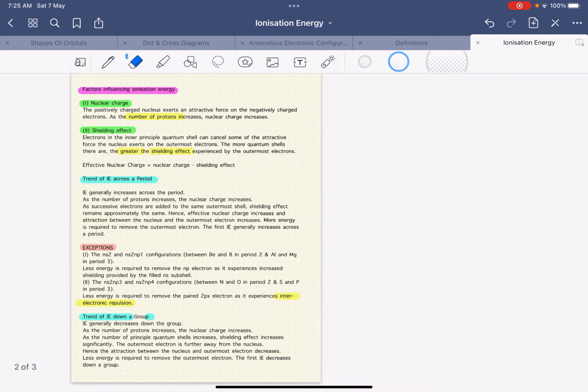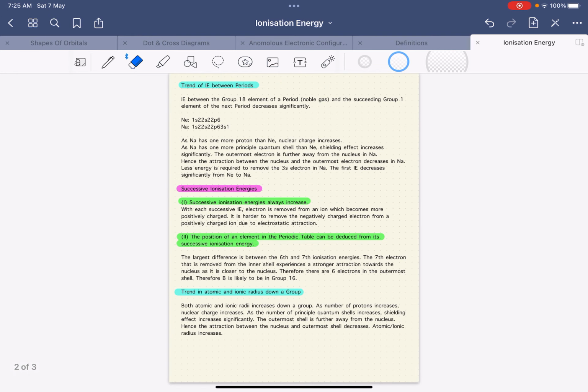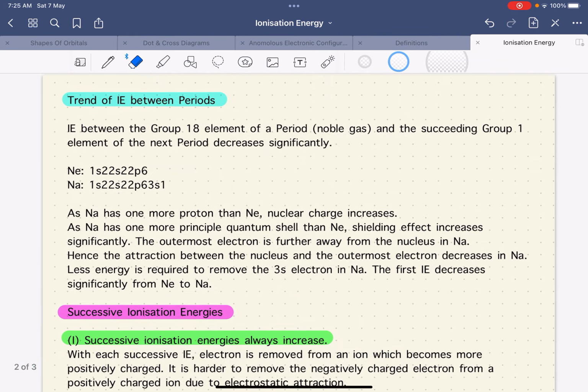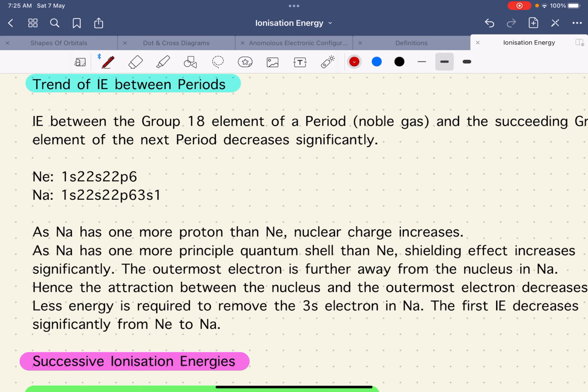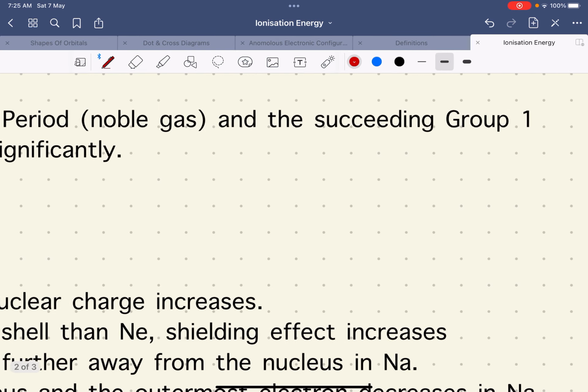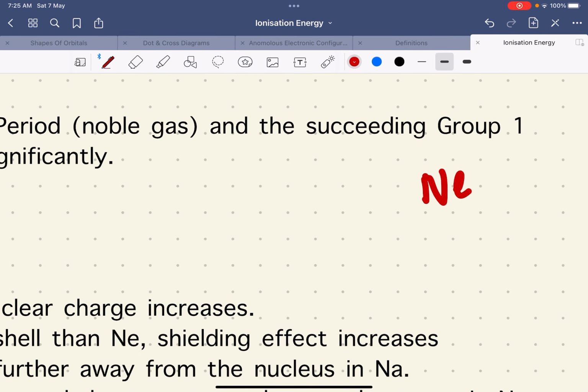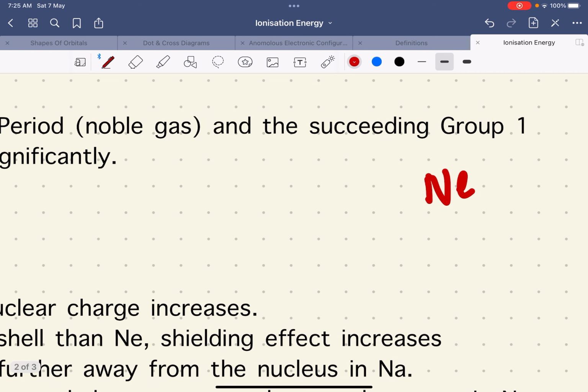Okay. Now let's talk about the trend of IE between periods. What do we mean by between periods? Basically, in period 2 we have Ne. Ne is over here at the far corner. Then in period 3 we have Na. Okay?